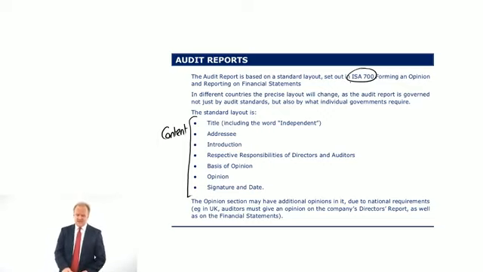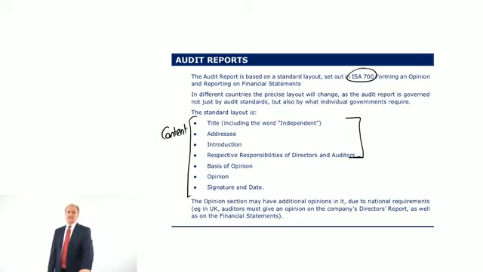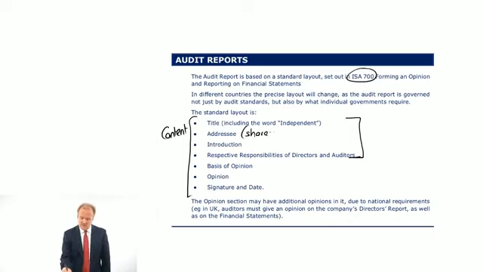The first few sections are not very exciting. And the reason they're not very exciting is they are required, but they're the same pretty much every time. So there's nothing the examiner really can do with them. The title will normally say Independent Audit Report. The addressee is typically the shareholders.